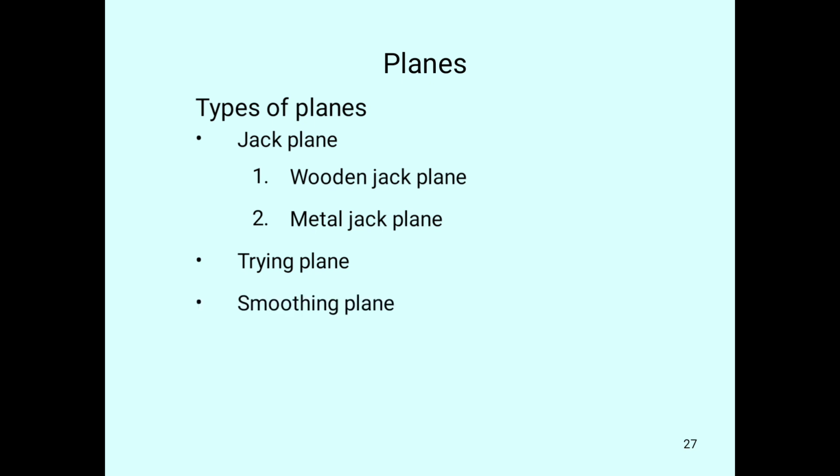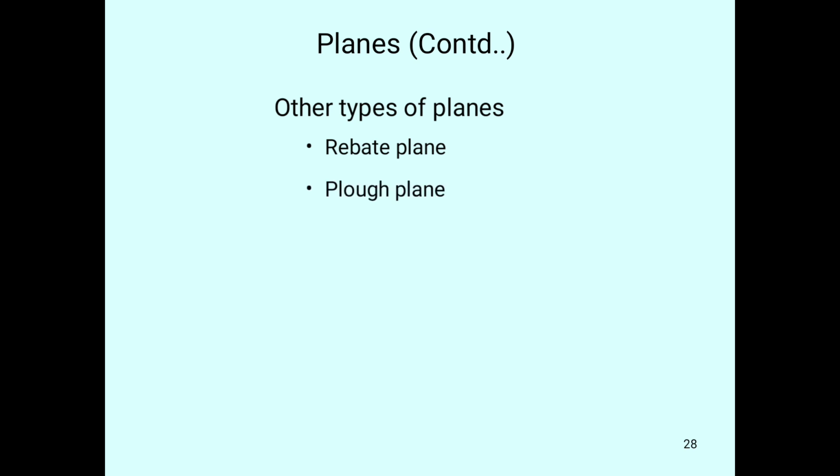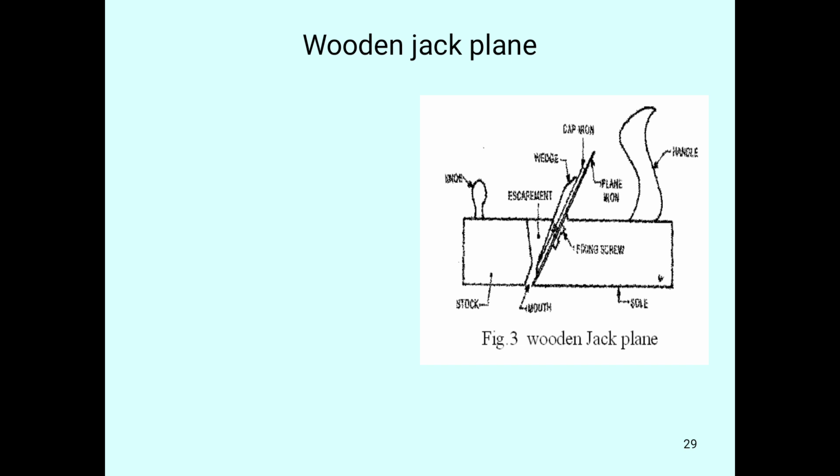Next, the smoothing plane, and the other types of planes are rivet plane, bluff plane, router plane, spoke shave, and special planes.